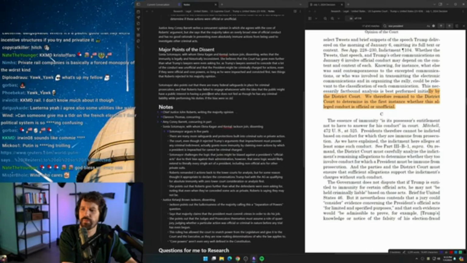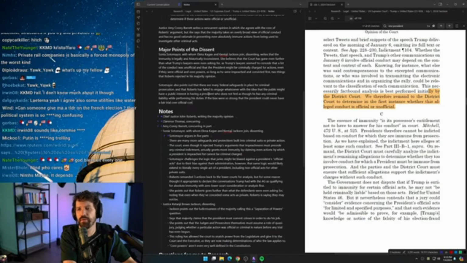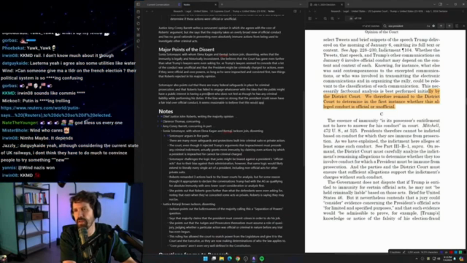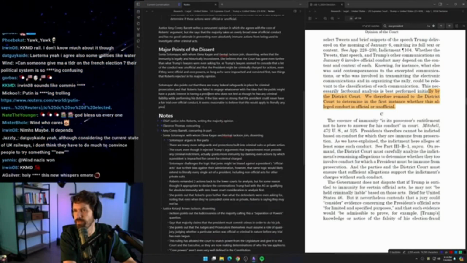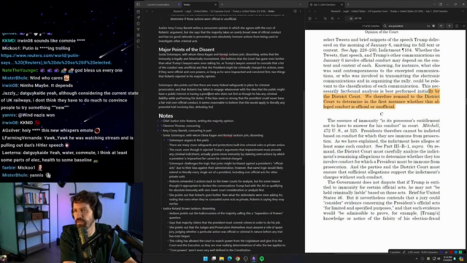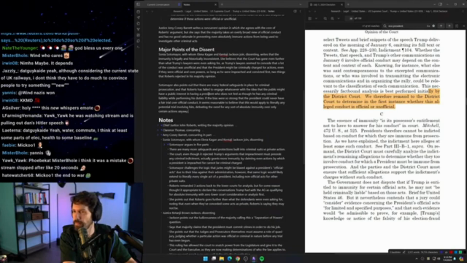The bias would be so strong that the president could never have a fair trial over official conduct. It seems reasonable to believe that this would apply to literally any potential trial involving him, defeating the need for any sort of absolute immunity over only certain actions anyway.